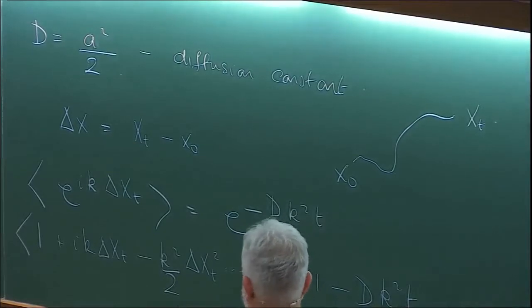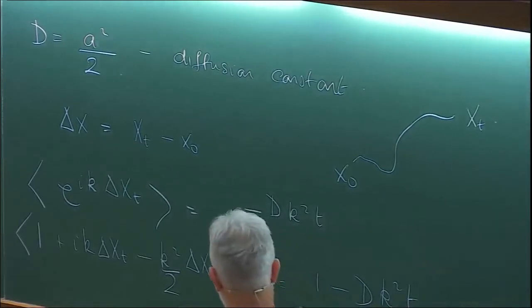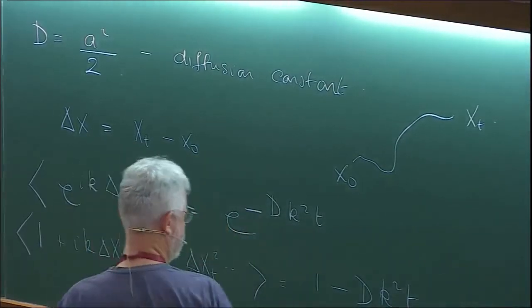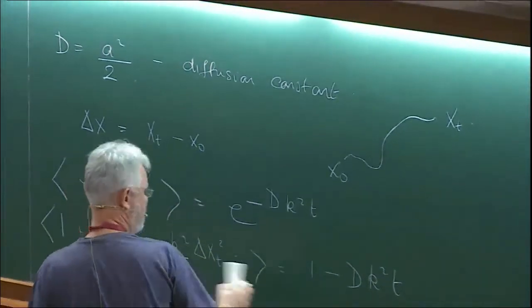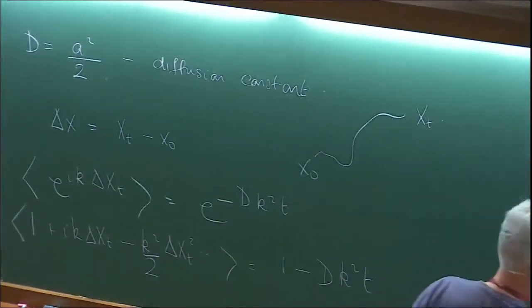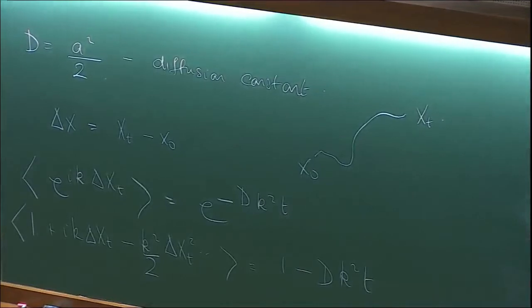If we compare the powers of k, the ones are okay. There's no power of k on the right-hand side, so the expected value of delta x of t is 0. That's just because the increments were designed to have 0 mean.